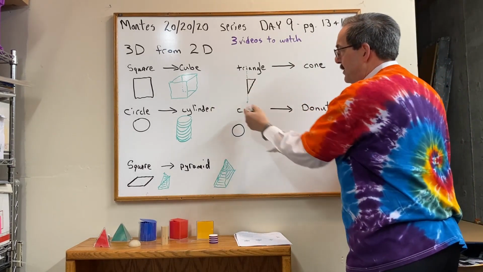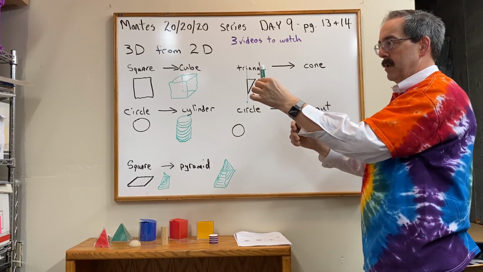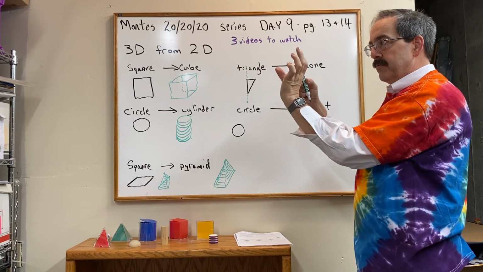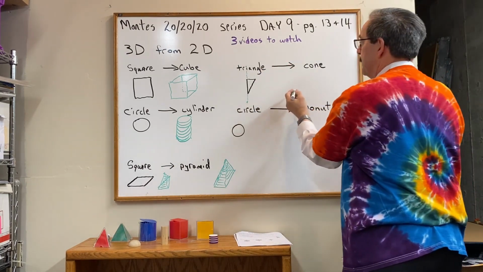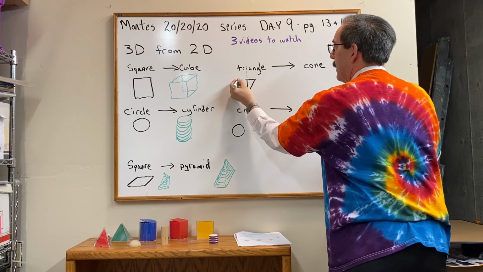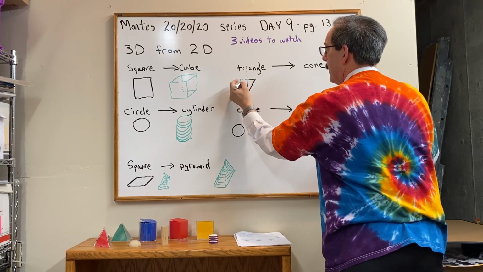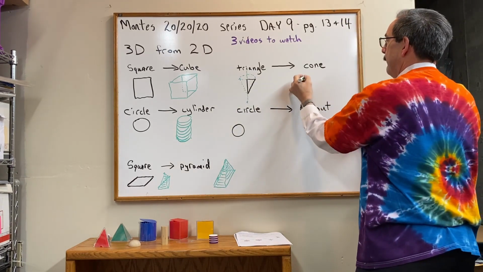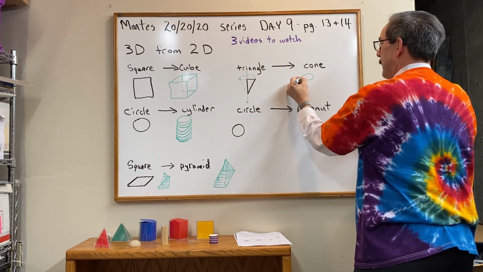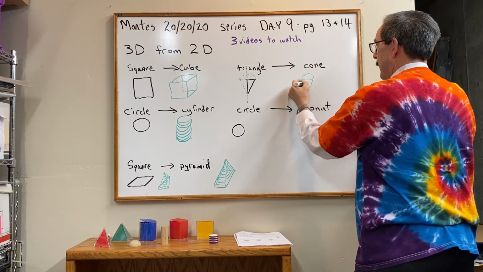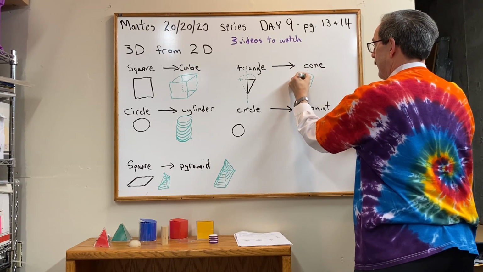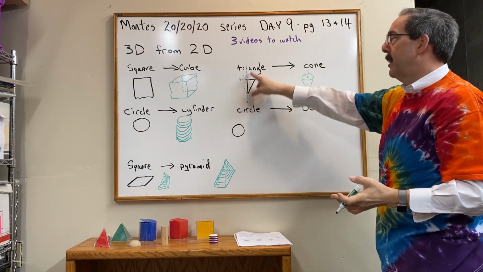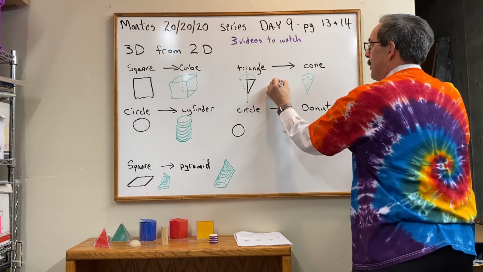Imagine if you had a straw and a triangle and you spun it really fast. Can you see that? An ice cream cone. So to take a triangle and create a cone would be a rotation.